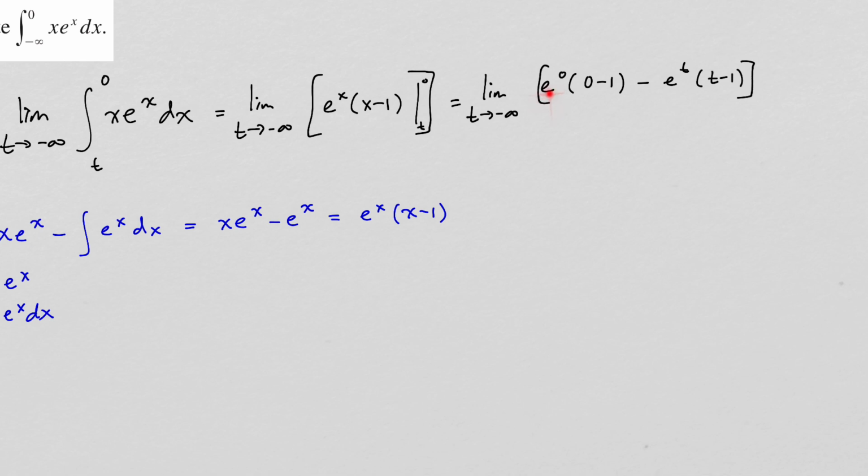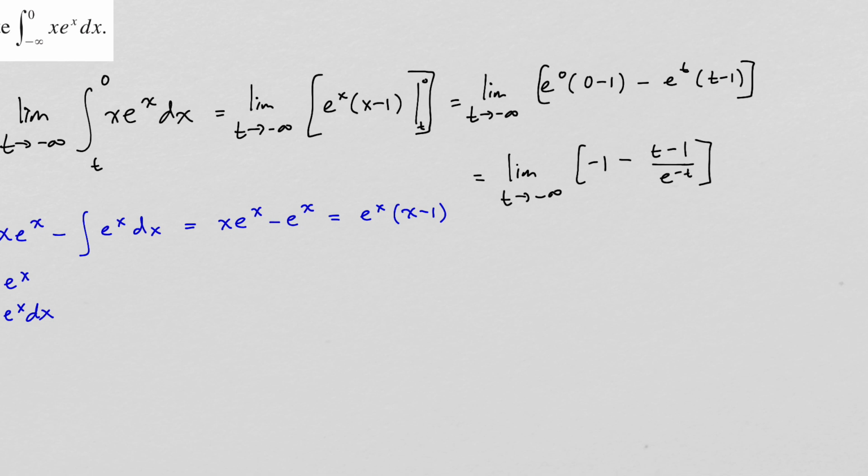Well, e to the 0 is 1, and this is negative 1, so we have 1 times negative 1, which is negative 1. And then we have minus e to the t times t minus 1. Now I'm going to rewrite this. We're going to say this is the limit as t goes to negative infinity of negative 1 minus t minus 1 over e to the negative t.